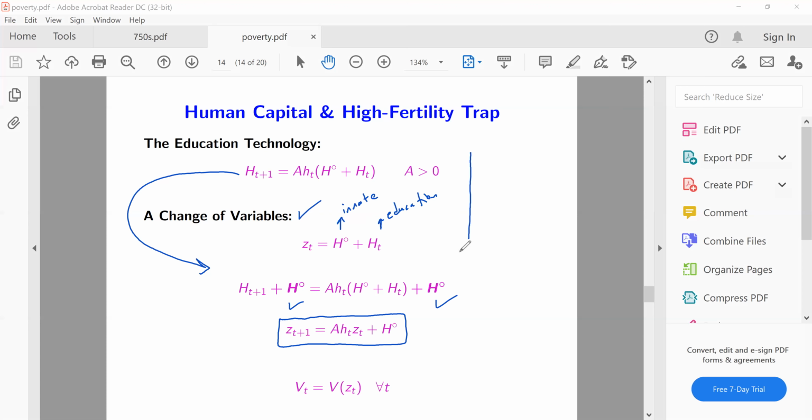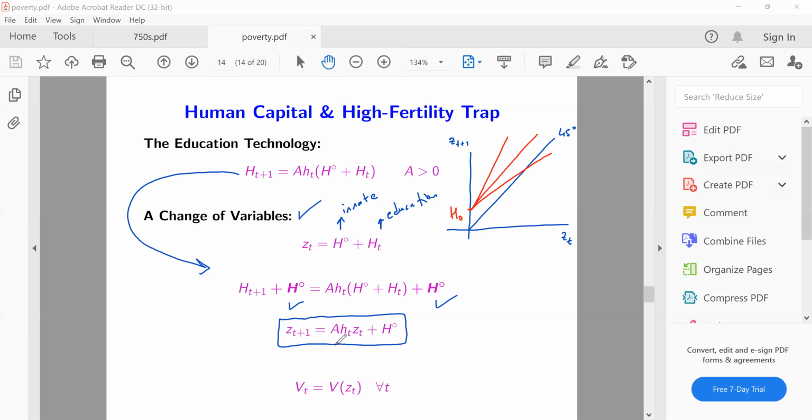So you may actually draw it. You have ZT here, ZT plus 1 here. This is the 45-degree line, and you have H0 here. Of course, the slope could be larger than 1, equal to 1, or less than 1.